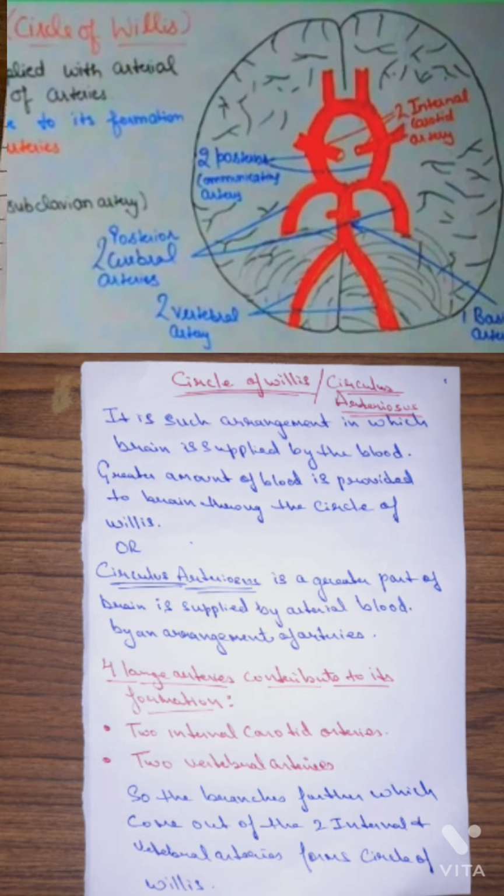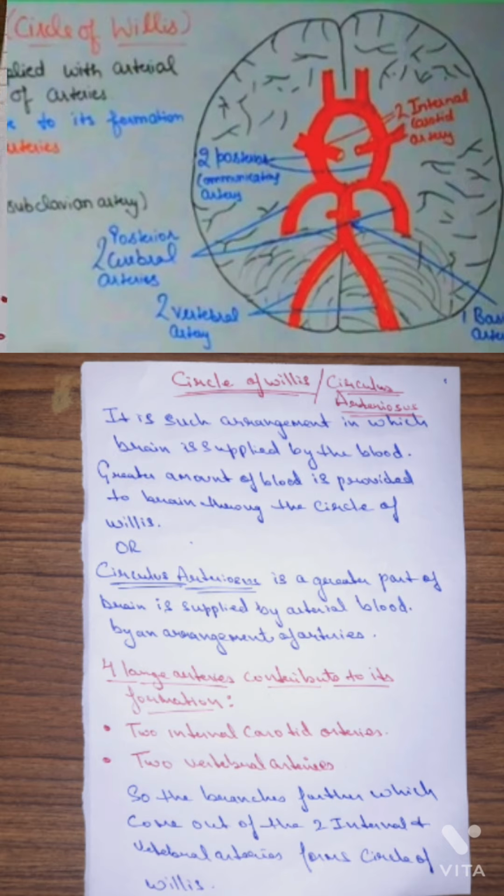There are four large arteries which contribute to its formation. These four large arteries are the two internal carotid arteries and the two vertebral arteries. The branches which come out of the two internal carotid and the vertebral arteries form the circle of Willis.